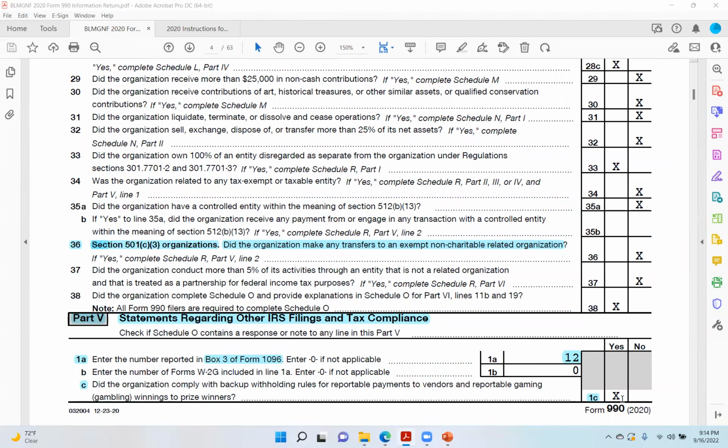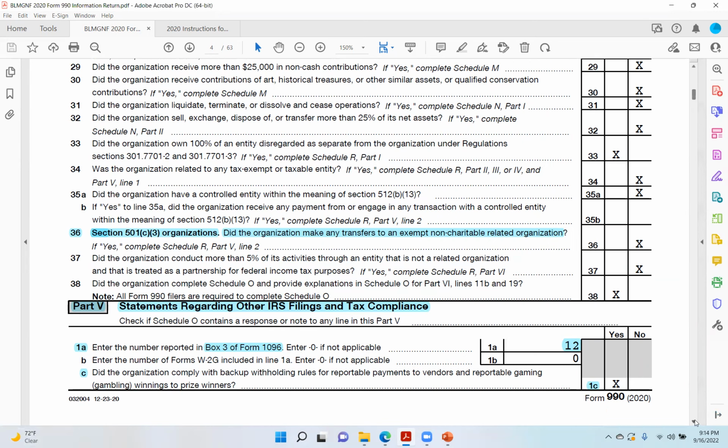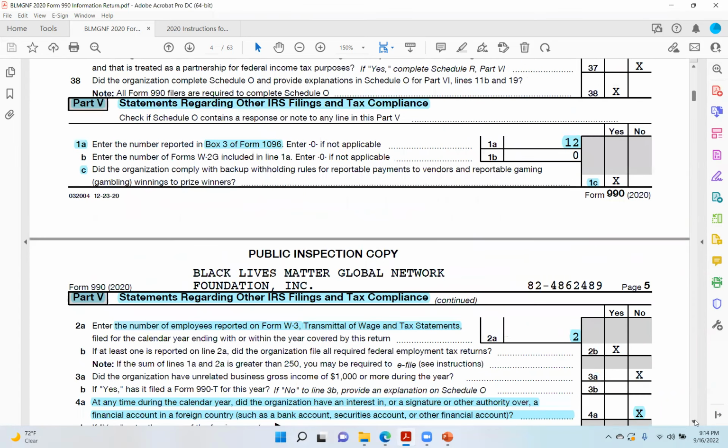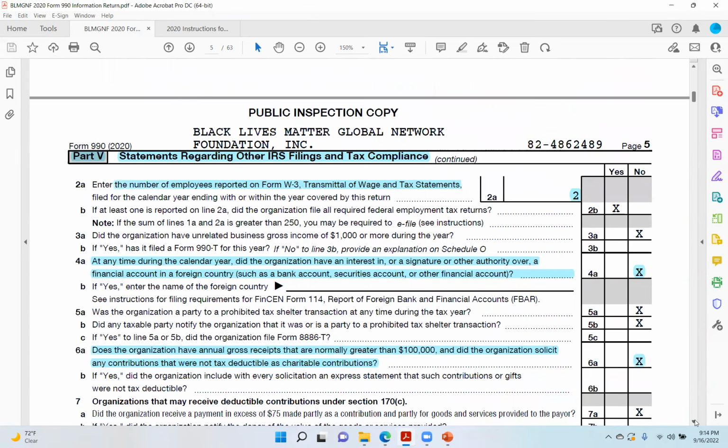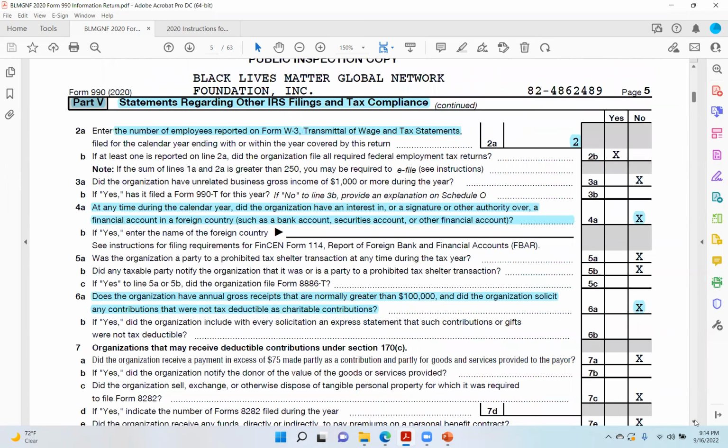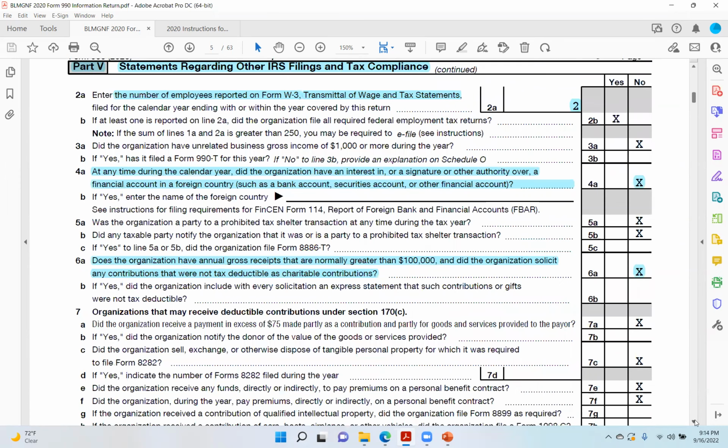And they said yes. So that lets you know that that was a mistake. And so that's a red flag. I'm going to continue on to the next page. This is a continuation of Part 5, statements regarding other IRS filings and tax compliance. And like I said, everywhere you see the blue highlighting, that represents a red flag to me.